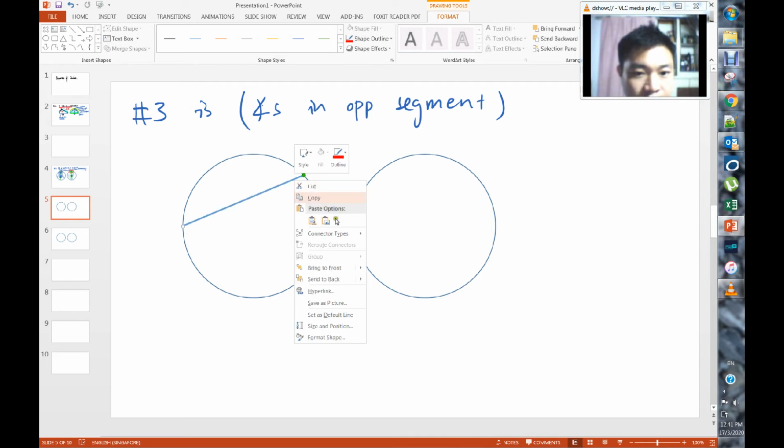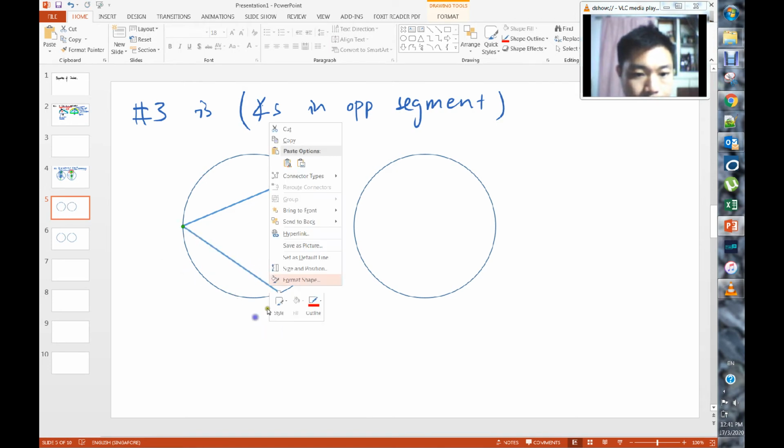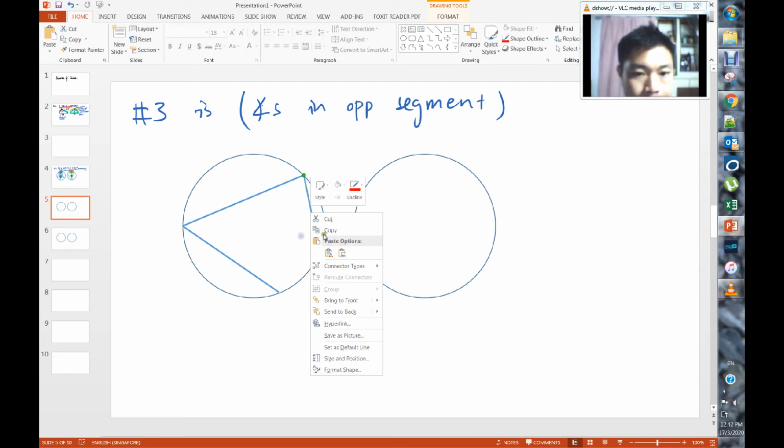For this rule number 3, you have to form a quadrilateral inside this circle. So copy, paste.